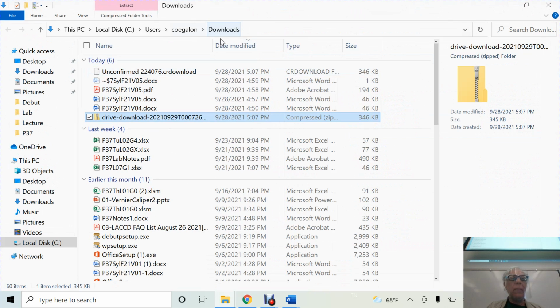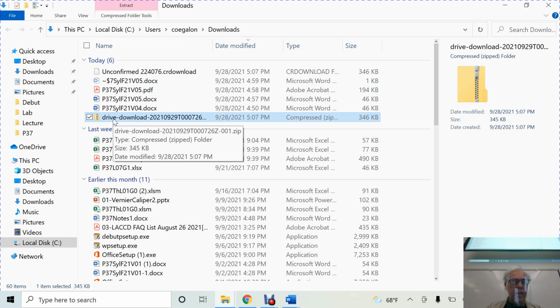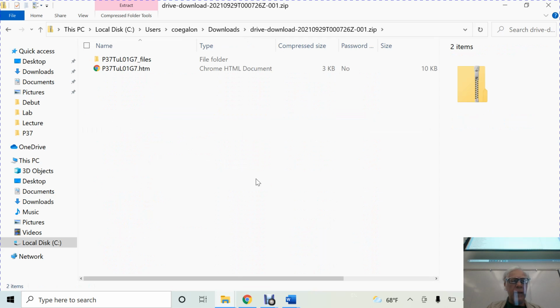It is in the download folder, unless you choose a proper folder in your computer. By default, it goes to the download folder. Whatever you choose is zipped inside this folder. You go inside, here you go. Next step.